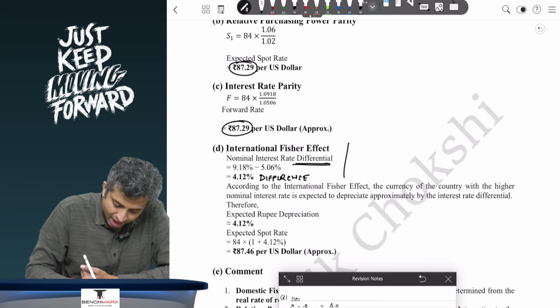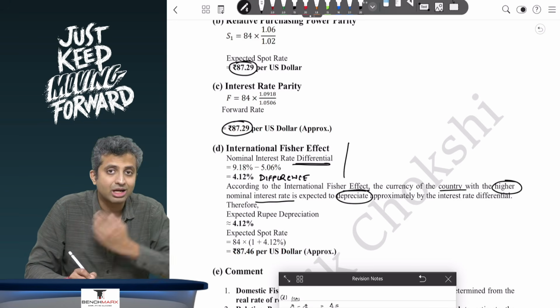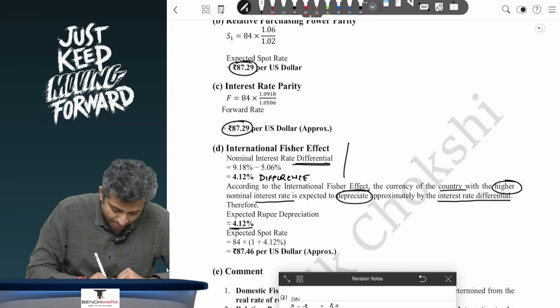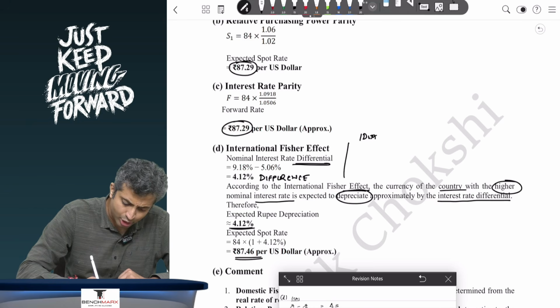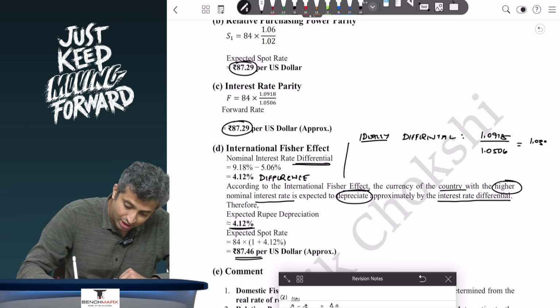So according to the IFE, the currency of the country with a higher nominal rate is expected to depreciate, that is, the rupee will depreciate, by the interest rate differential. Therefore, approximate rupee depreciation is 4.12%, and hence you will come to 87.46. Ideally, what we will do is we will take the differential. The differential over here is 1.0918 upon 1.0506, which is 1.0392.